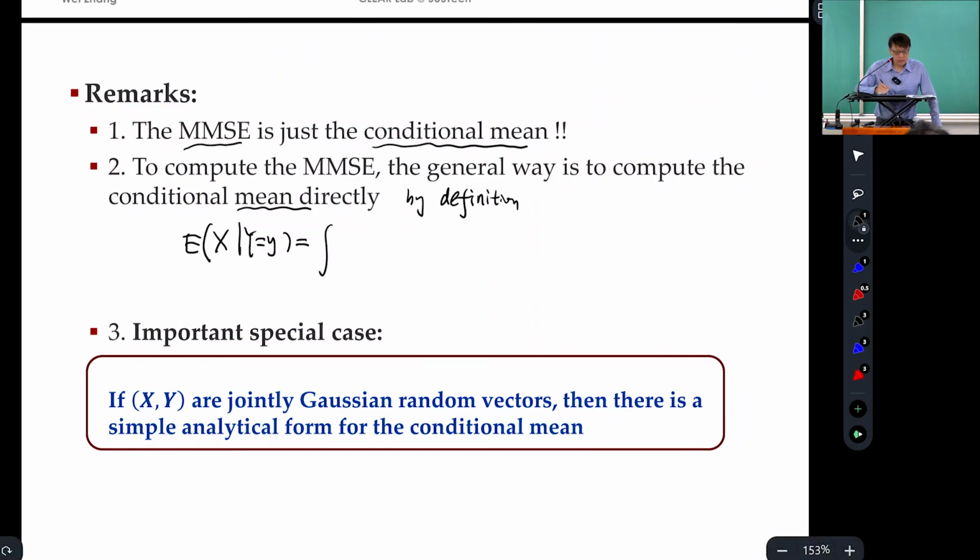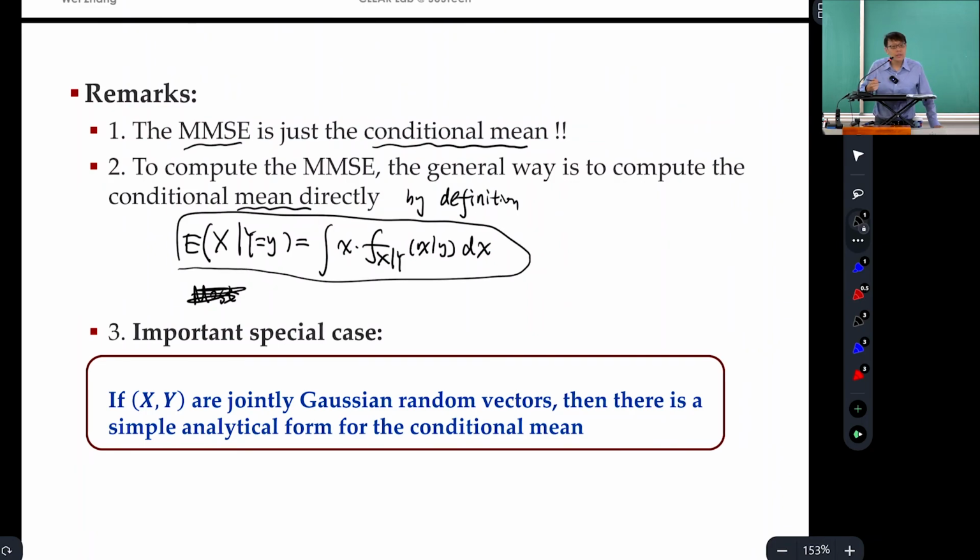So by definition, this will be the integral of x times f of x given y, dx. I will say most estimation problems are trying to do this. That includes particle filters, things like that, right?